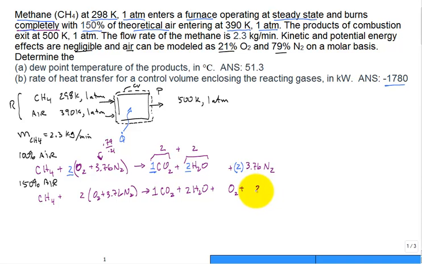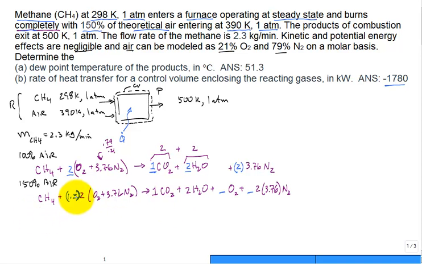So I need to rebalance the oxygen and the nitrogen. Well, because it's 150% air, this is 1.5 times how much air was brought in. So that's the coefficient that we put right there. It's 1.5. If they would have said 200% air, I'd have put a 2 there. Okay.